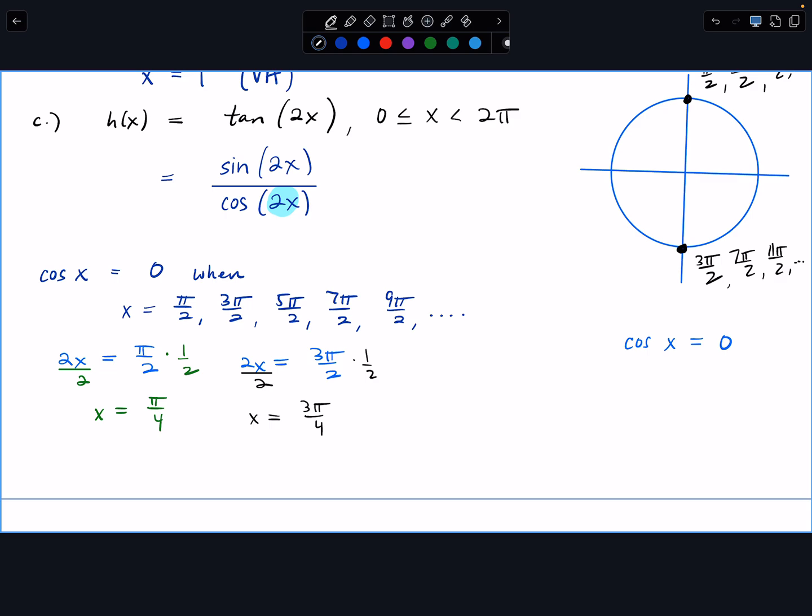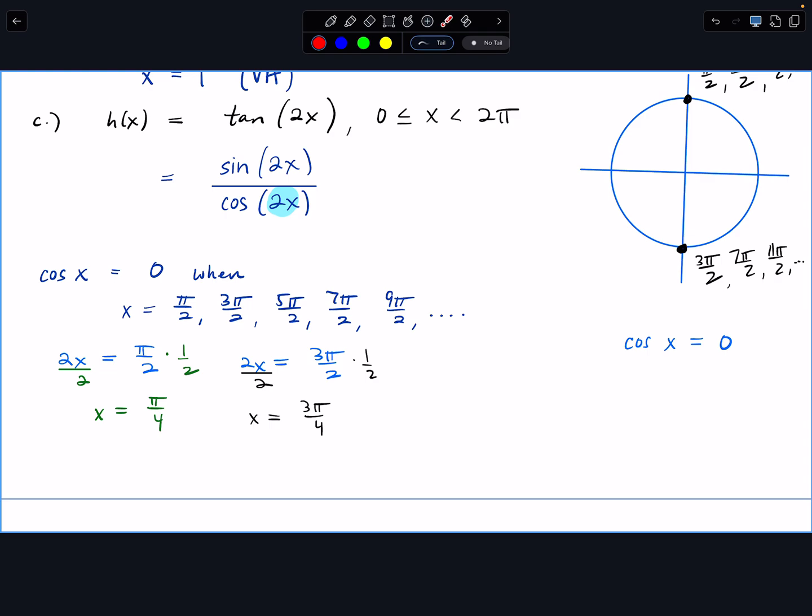Now, do you guys see all I'm basically doing is taking the answers and changing the 2 on the bottom to a 4? So the next one would be 5 pi over 4. This next one would be 7 pi over 4. 7 pi over 4, do you guys remember, is in this quadrant right here? If I did the next one, 9 pi over 4 is actually up here. That's bigger than 2 pi. So do I have to include that one?